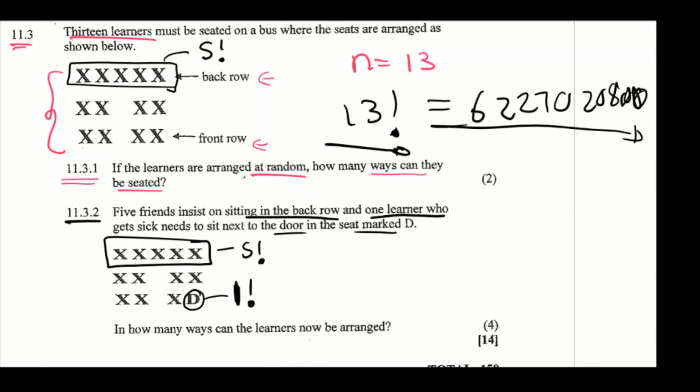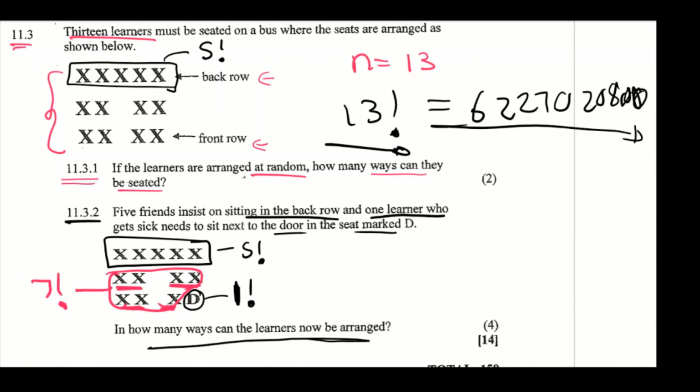In how many ways can the learners be arranged? There will be other learners sitting at these other empty seats here. How many are these seats? There are 7. So these learners will sit at 7 factorial. What that means is all these learners will sit on each of these seats.